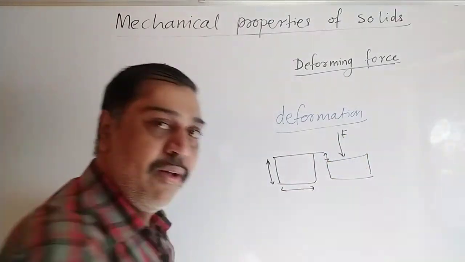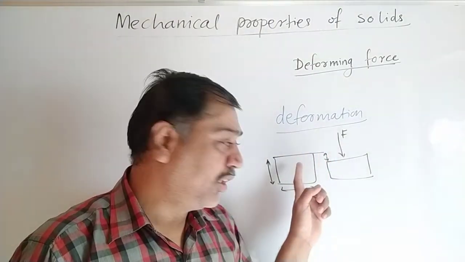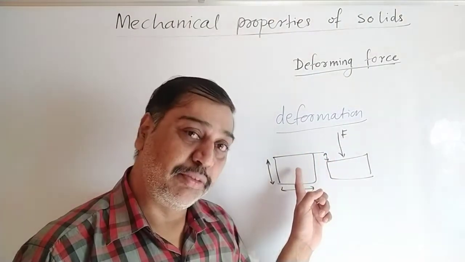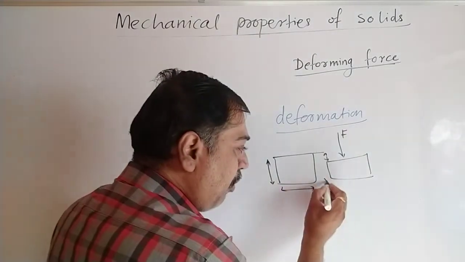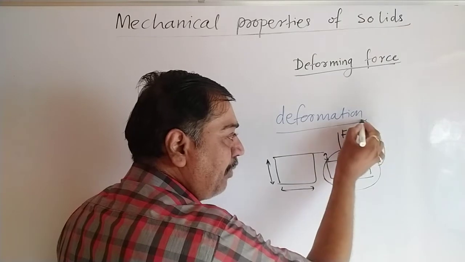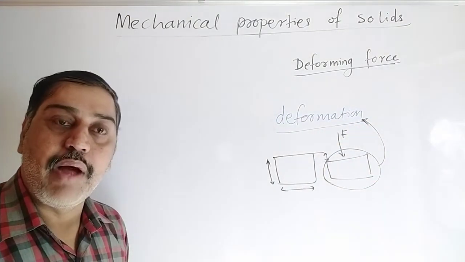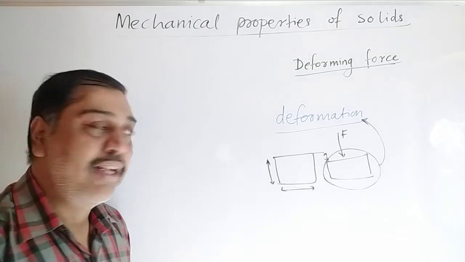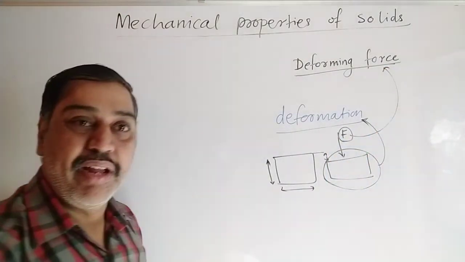So what does it mean? When we apply the force, the original shape and size of the sponge get changed. Then we can say this body is under deformation due to the applied force, and that's why this force is said to be the deforming force.